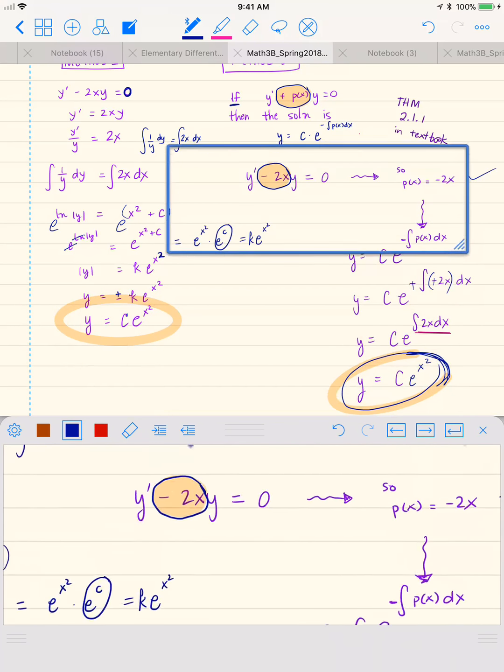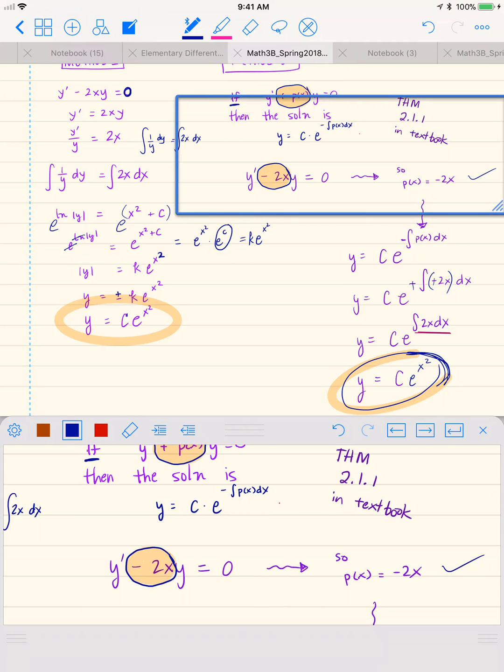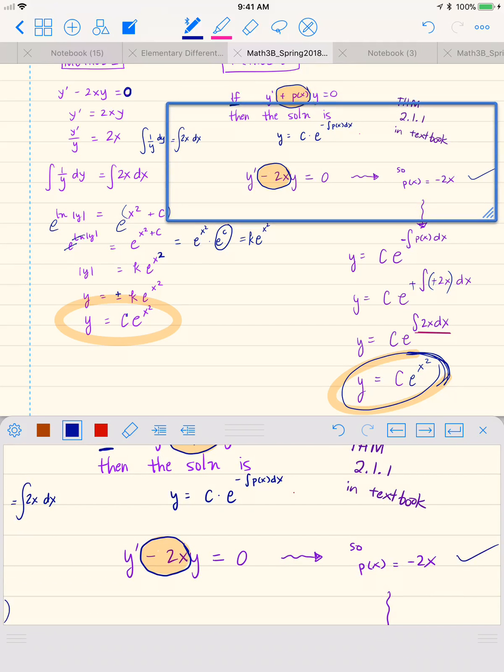So I want to caution you that if you're going to use this theorem 2.1.1 and just use the formula straight out, then when you are calculating this antiderivative, you don't need to add plus c because that is already accounted for in this coefficient out here in the front.